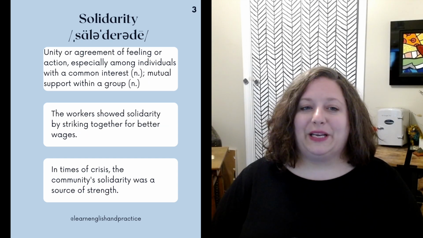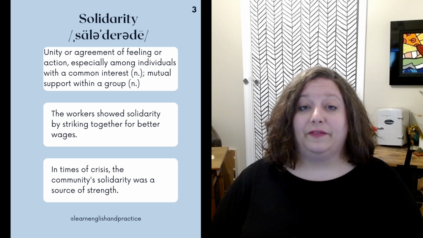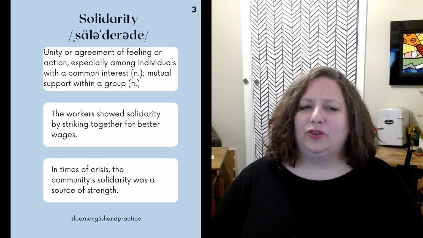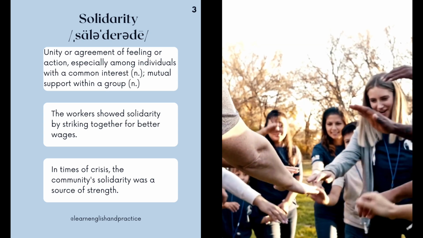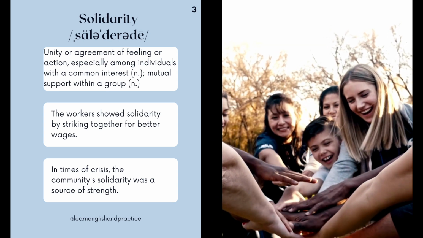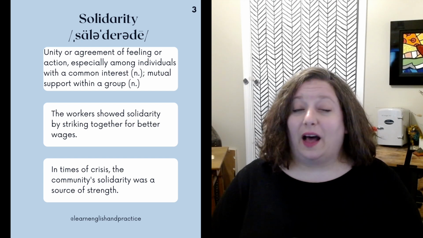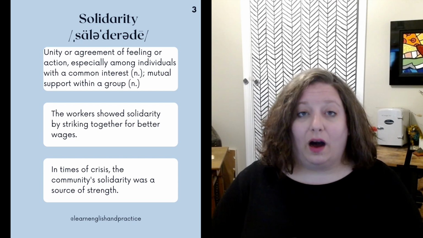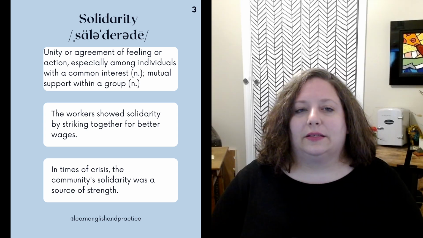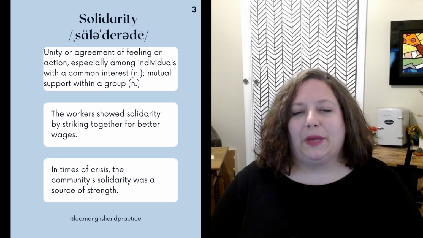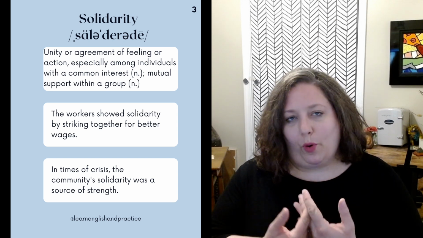Solidarity. This means unity or agreement of feeling or action, especially among individuals with a common interest, as a noun. Mutual support within a group, as a noun. So this idea of solidarity means support or unity. Solidarity is a word that's often tied to labor unions, and this idea means mutual support.